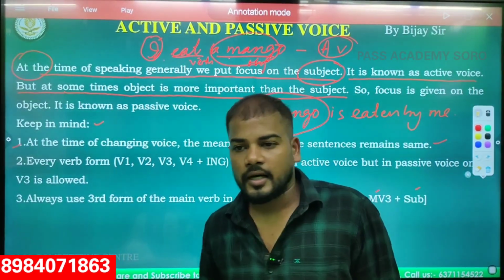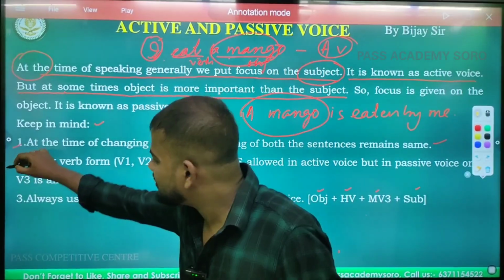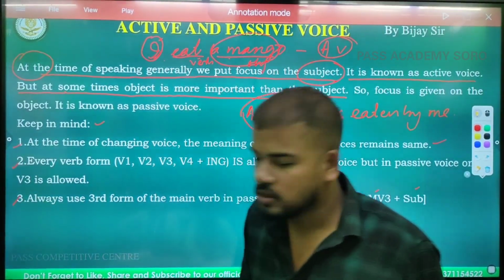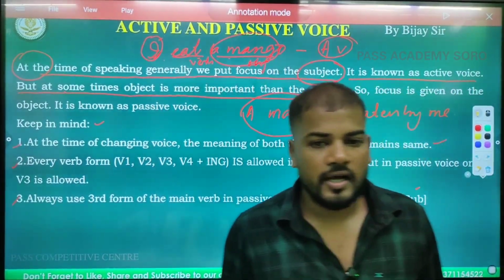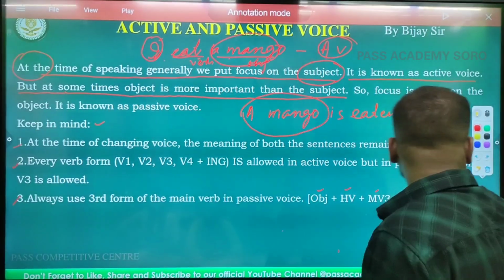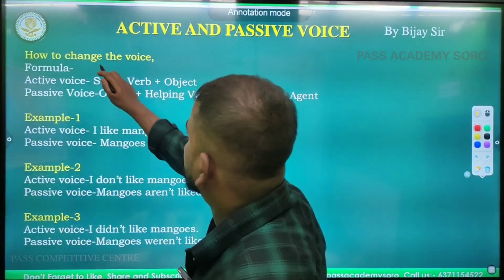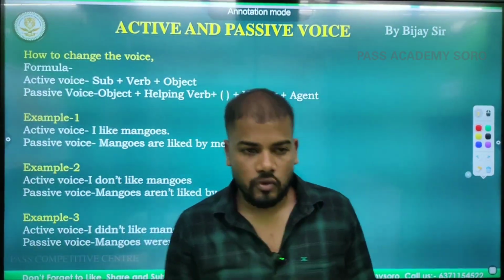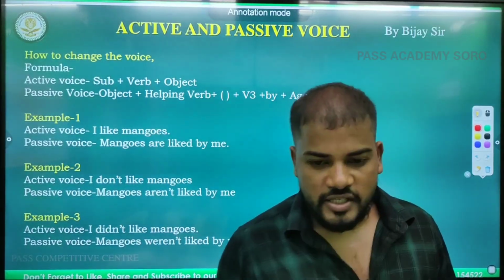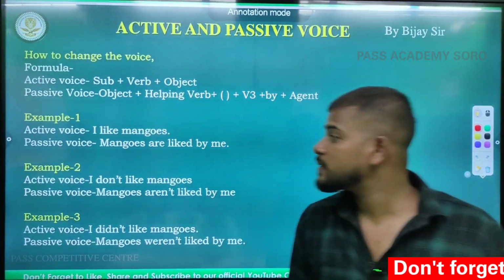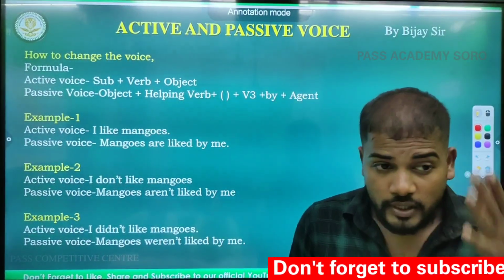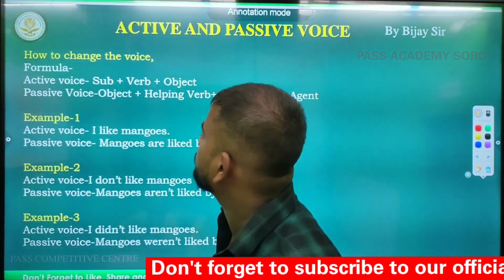So dear students, kindly remember these three key points while changing active voice into passive voice. Now, how do we change the voice? What is the formula? It is very important to know the formula.